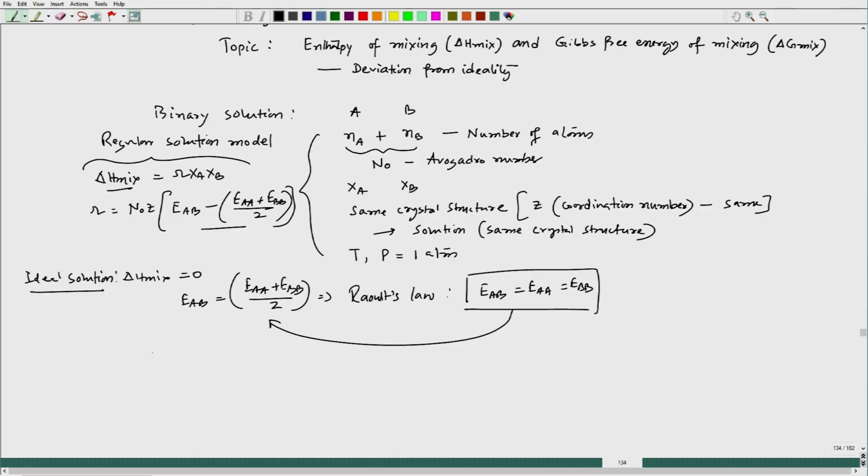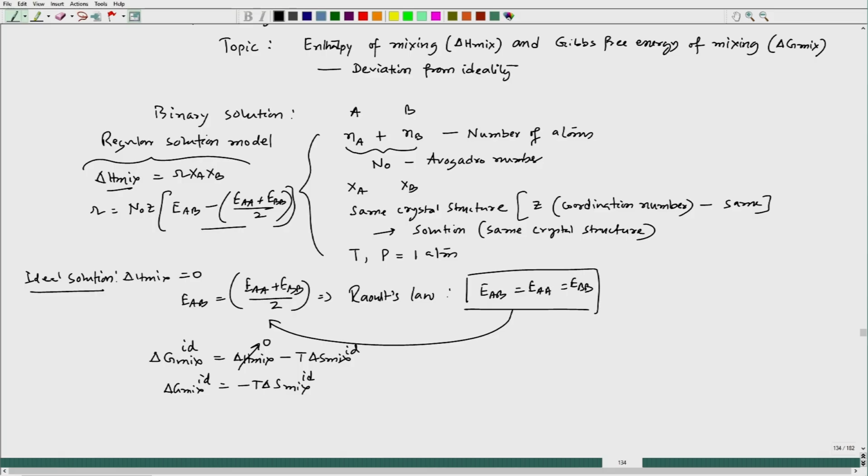In an ideal case, we can express delta G mix equal to del H mix, this is a generic equation, minus T del S mix, and here since del H mix is 0, I can write delta G ideal and del S mix ideal. We will see why I am writing this ideal. So, delta G mix ideal equals minus T del S mix ideal.